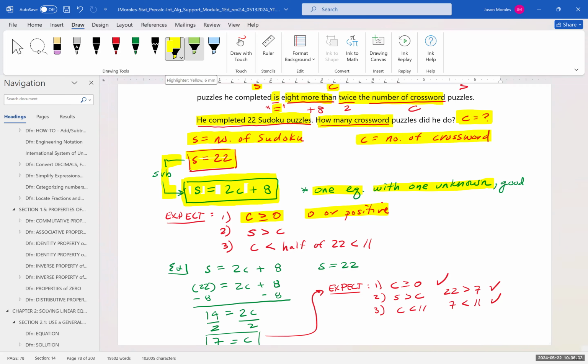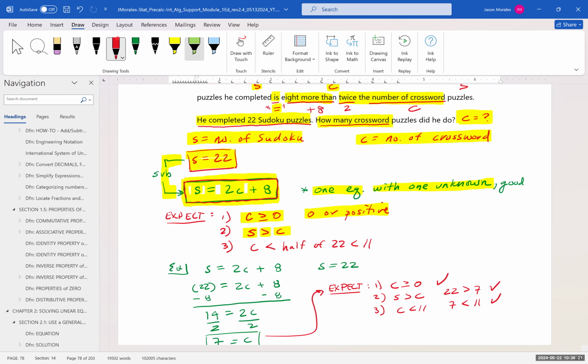We also expect the number of Sudoku puzzles to be greater than the number of crossword puzzles that are done, and we can derive that from the relationship in this equation.